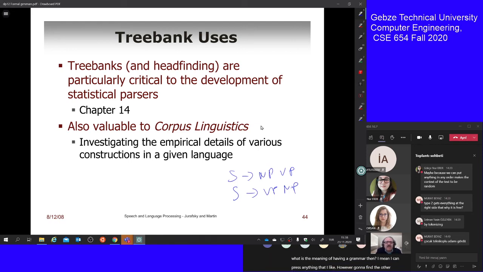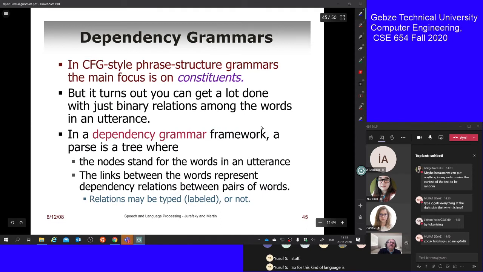So for these kinds of languages, they say that, okay, I don't have to produce a parse tree for a given sentence. Instead, I am going to do something else. I will find the relationships between the words of a given utterance, a given sentence.